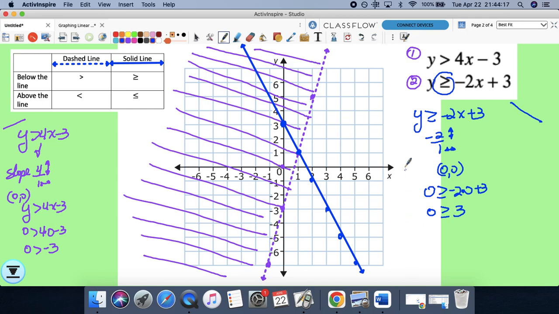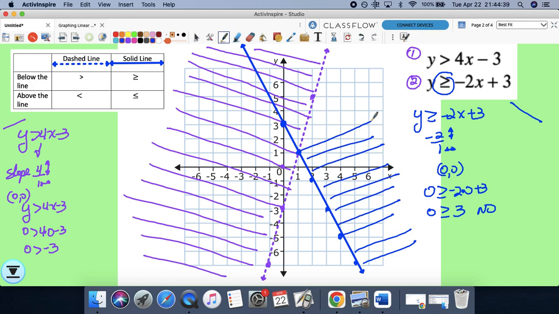It's not true. 0 is not greater or equal to 3. So this 0, 0 failed, which means points that are on the left side of the line will also fail. So we don't want that side. We actually want this side. So points to the right or above the line will make the second inequality true.